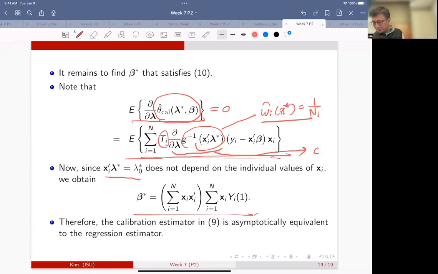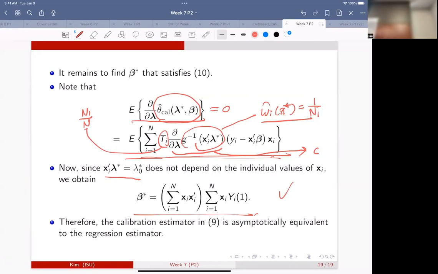The expectation here is with respect to T_i, so the expected value of T_i is just another constant. So you get this, which is actually the regression coefficient, right?